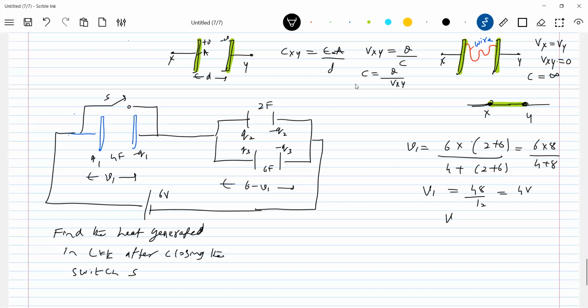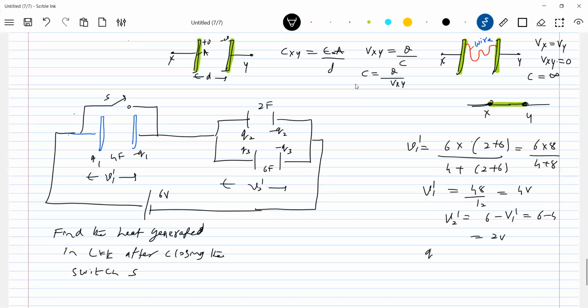So then how much, okay, this will do one thing. V1 dash, we'll call it V1 dash. So V2 dash should be equal to how much? 6 minus V1 dash, 2 volts. So now we know the potential, we can find out Q2.